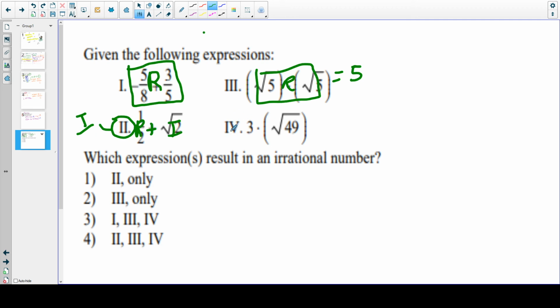And this one, you might say to yourself, oh, there's another square root, but remember, you have to check if this square root is a perfect square. And if you don't know, use your calculator. The square root of 49 is 7. 7 times 3 is 21, which means that this one is a rational number. So which expression results in an irrational number? It's just number 2.